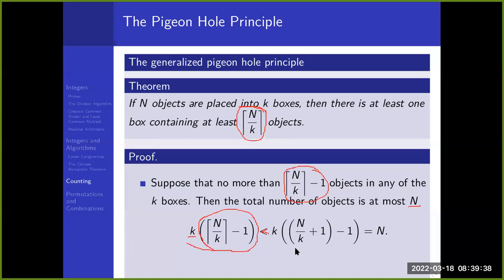We are using the following. Let me just state something here. If you have n over k, the ceiling of that will always be less than n over k plus 1.